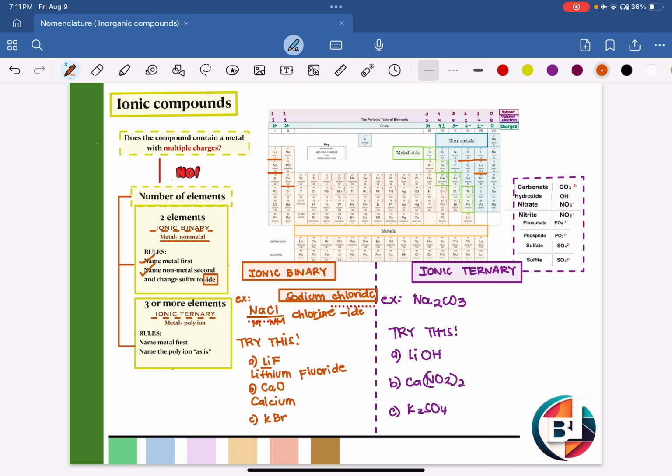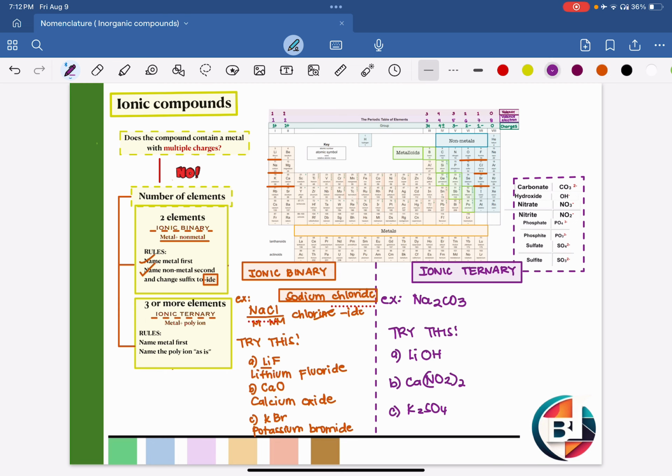Then your O is oxygen and has a suffix of IDE, so you would have it as oxide. And lastly, we have K. K is potassium. And we have your Br, originally bromine, but change that to IDE, so you would be having bromide. Those are the rules for naming an ionic binary.